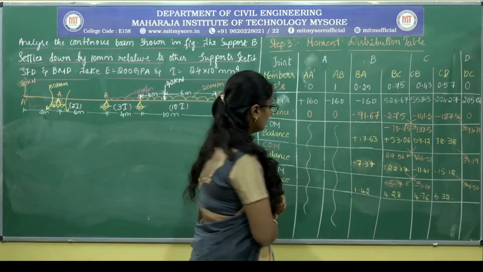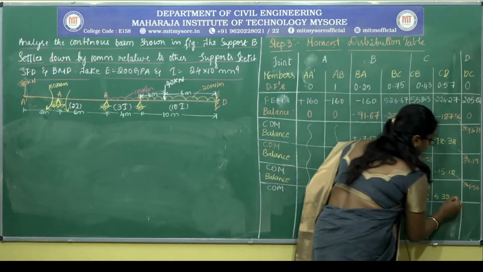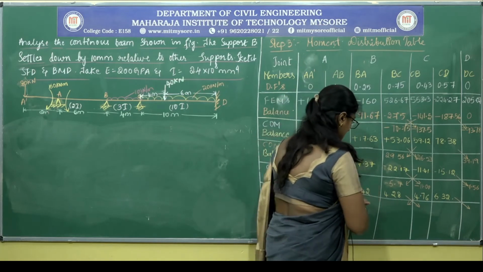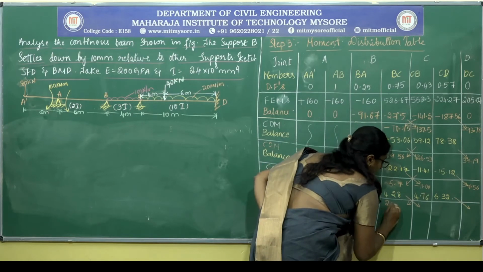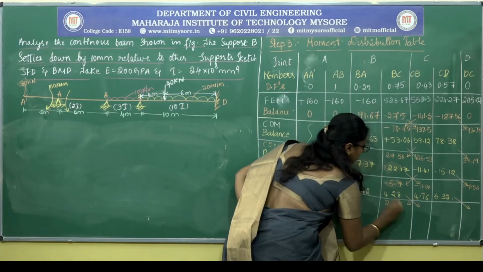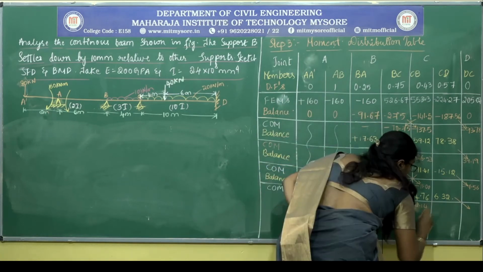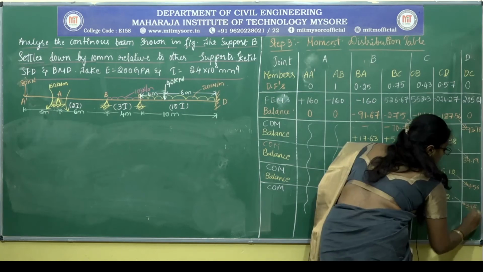Next, carry over moment, carried only here. Half of 4.76 is 2.38. Half of 4.28 is 1.4. Half of 6.32, 3.16.